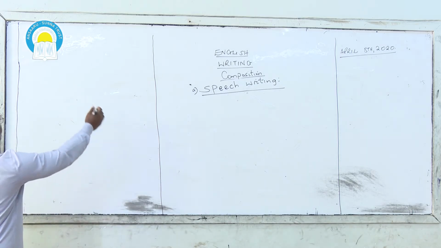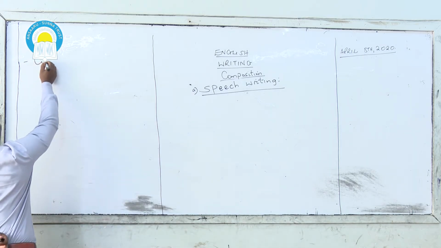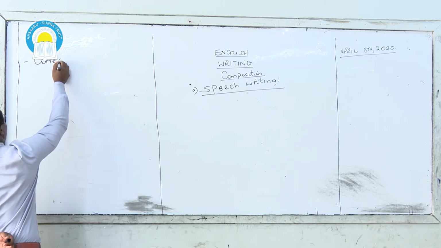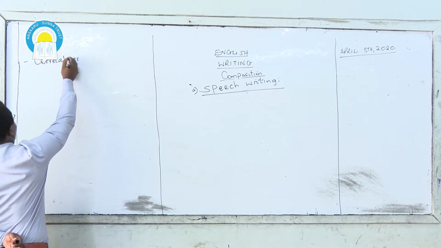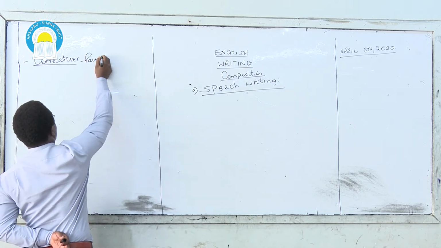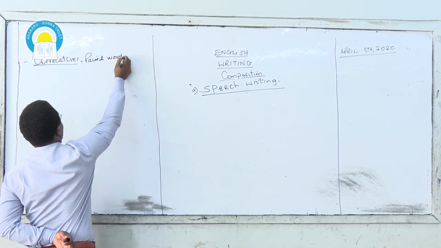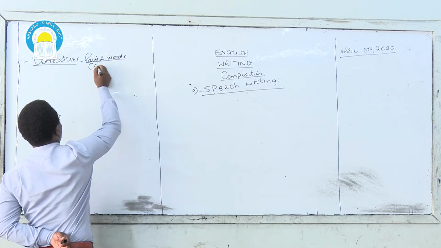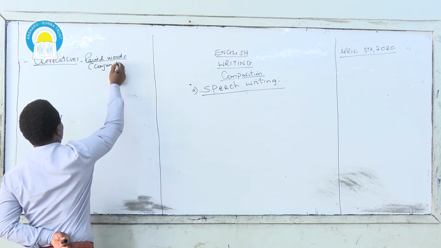In the previous session, we were looking at correlatives. And as I told you, correlatives are paired words. In other words, paired conjunctions.